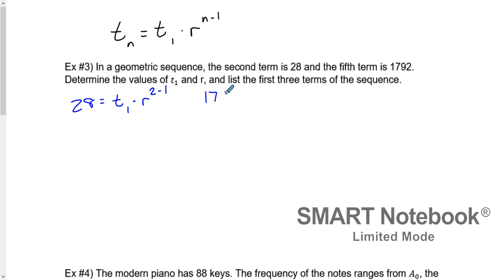Similarly, 1,792 is term 1 multiplied by a ratio to the power of 5 minus 1. So both of these can be simplified a little bit further. 28 is T1 multiplied by just R, because 2 subtract 1 is 1. 1792 would be T1 multiplied by R to the power of 4.